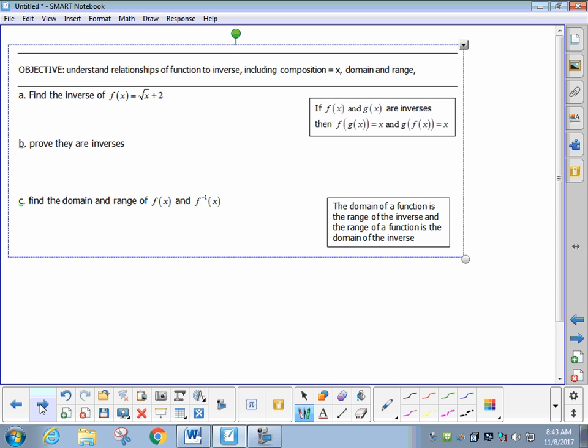All right, then. I also need you to understand some relationships between a function and its inverse. So let's start with this. F of x equals the square root of x plus 2. Easy enough. Find the inverse. I want to find the inverse explicitly, which is to say, I want you to solve for F inverse when you switch.